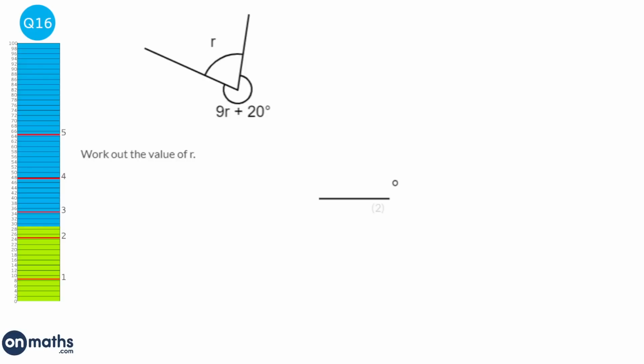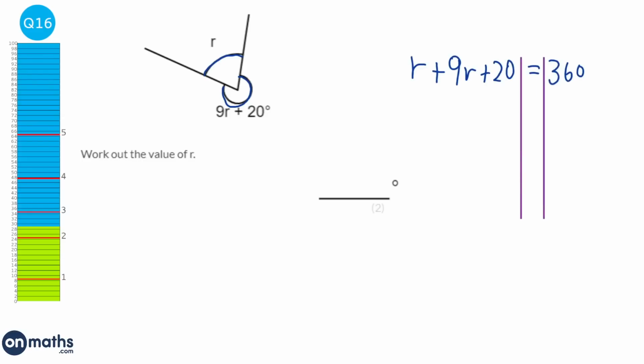So angles at a point add up to 360, and we are given the values of the angles but in terms of r. So we know that r plus 9r plus 20 will equal 360. So we've got an equation here we can solve. So first of all, let's add the r's together, and so that will be 10r plus 20 equals 360.